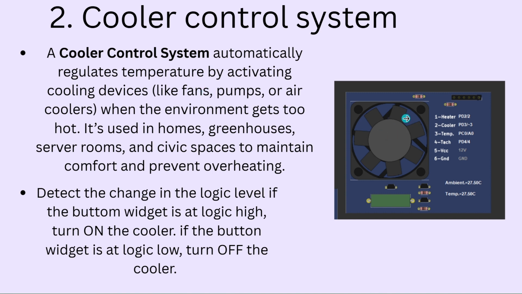It maintains comfort and prevents overheating. To detect the change of the logic level: if the button is at logic high, turn on the cooler. If the button is at logic low, turn off the cooler. This is the cooler control system.